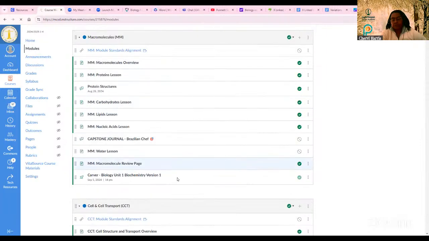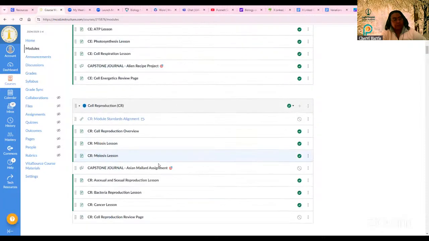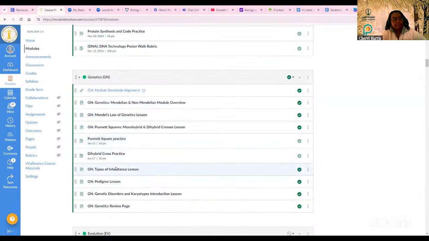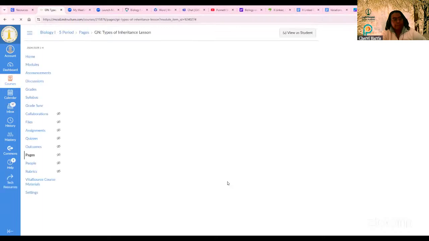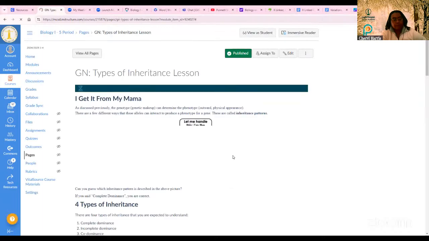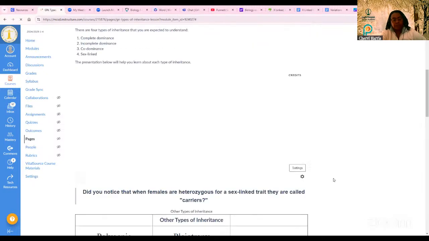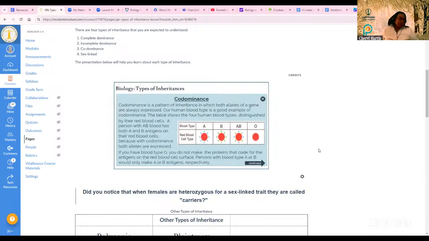Types of inheritance, that's where we are. So that worksheet deals with not only sex linked, but codominance. So please read up on that.